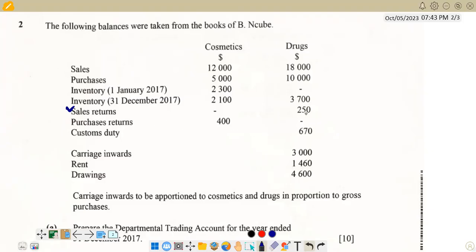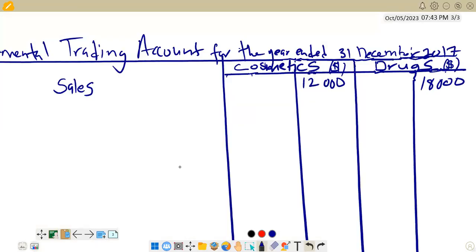We are going to subtract 250 for drugs only. So we are here now. We have got sales returns, so we are going to say less sales returns. We don't have anything for cosmetics, but for drugs, we have 250.